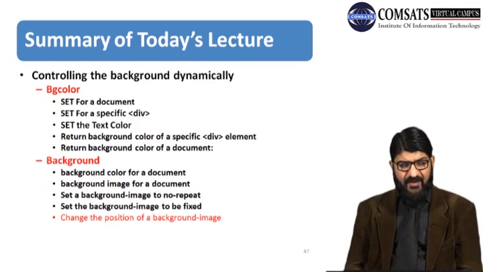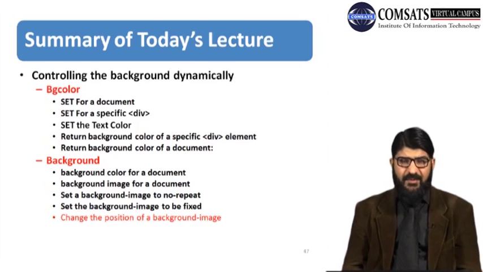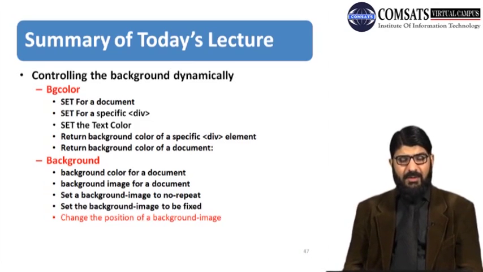Moving onward, we have seen how to set the background image to be fixed, that you don't want to change from its position. And then we have seen how to change the position of a background image. So these are the things that we discussed for the background color and background image.